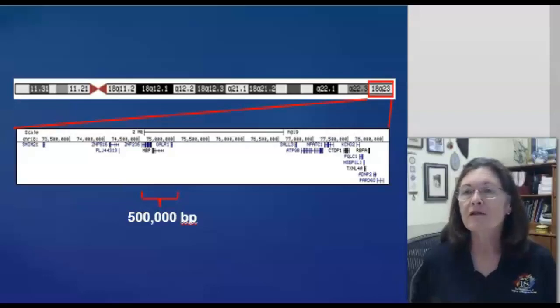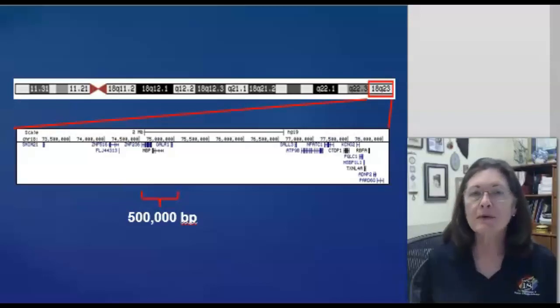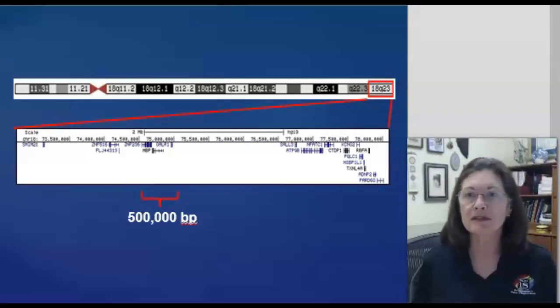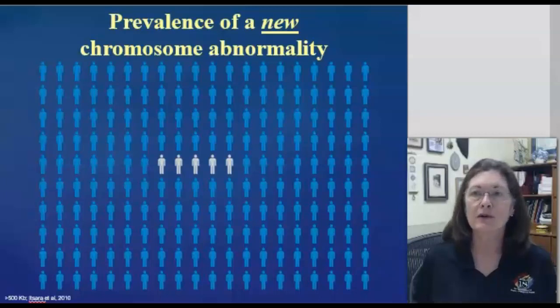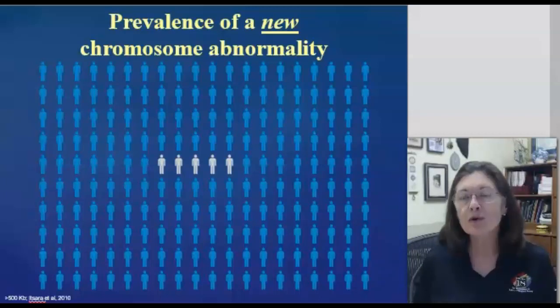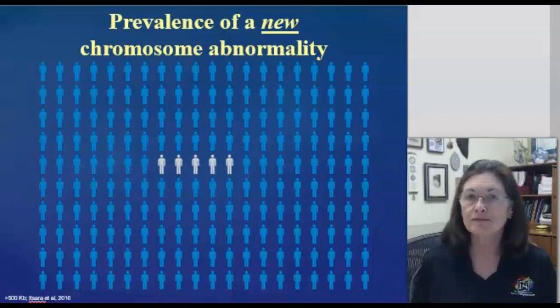But if a large number of babies are randomly checked for deletions or duplications of this size or larger, this is what we find: 5 out of every 200 babies has a new chromosome change of that size or larger. And these are new changes that are not found in their parents.